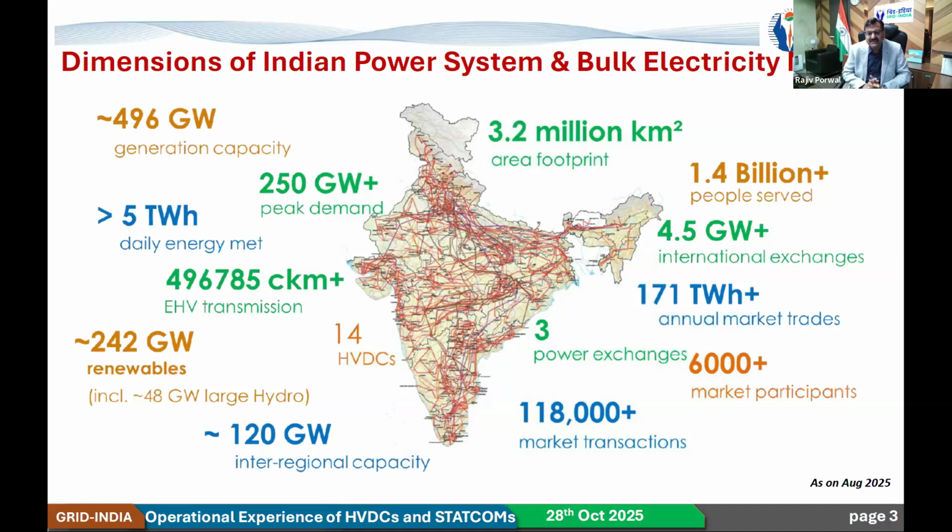We have 3 power exchanges, and this 171 terawatt hours is out of these 3 power exchanges. Mostly our transactions are PPA based, long-term tied up, not going through power exchanges. Around 6,000 plus market participants are there, and around 1.18 million market transactions take place daily.